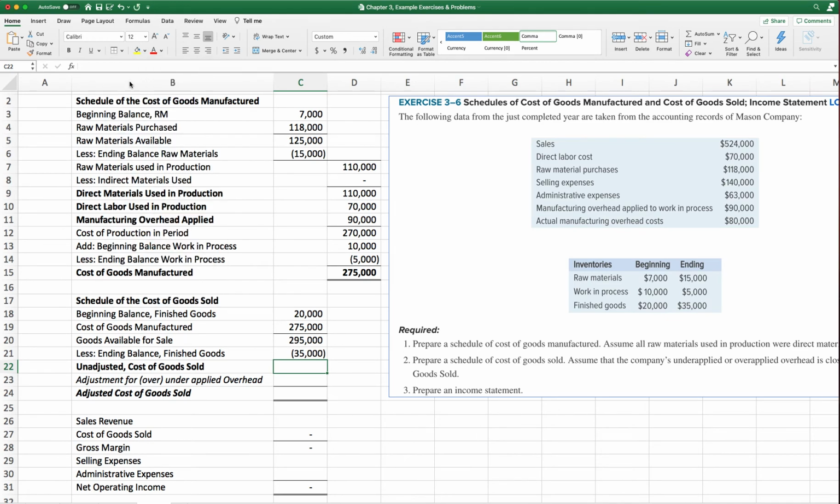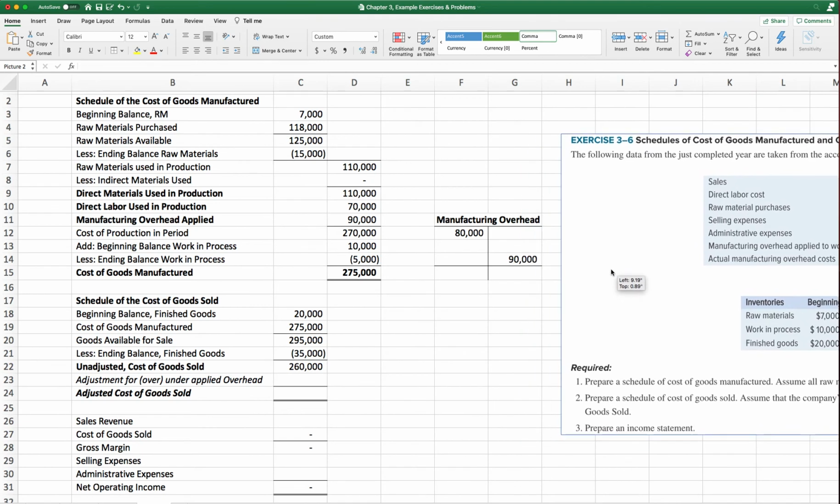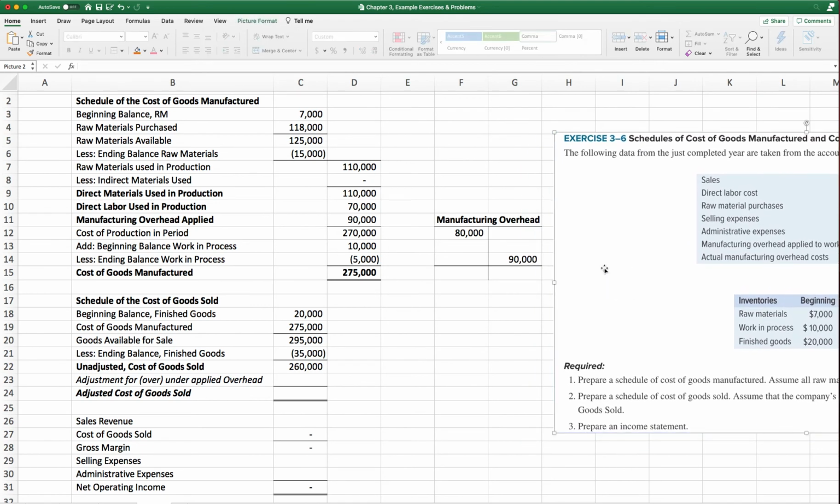So that means our unadjusted cost of goods sold is that $295,000 minus the $35,000. Our unadjusted cost of goods sold was $260,000. So I've got to figure out, was manufacturing overhead under or over applied?